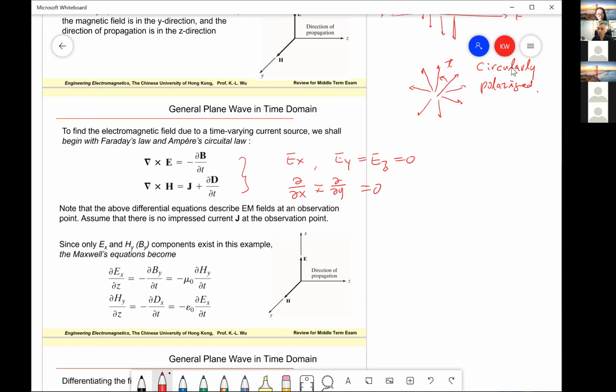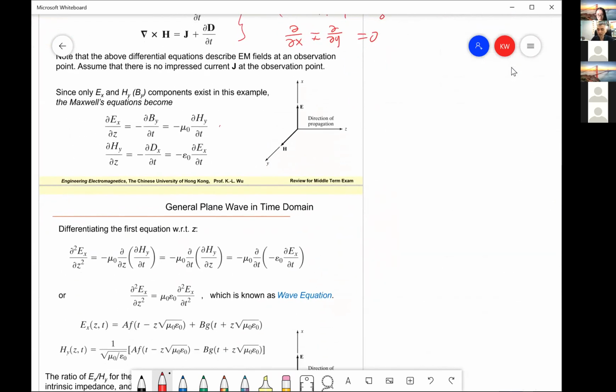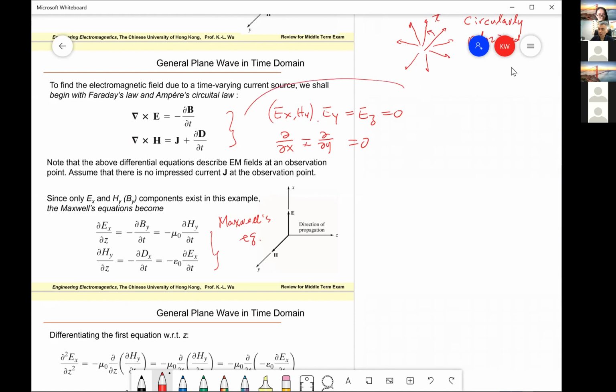Under those conditions, we can write the Maxwell equations in a very simple form. This is the Maxwell equations under these conditions.